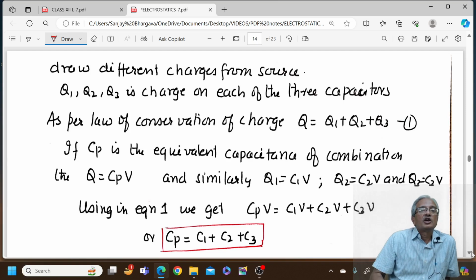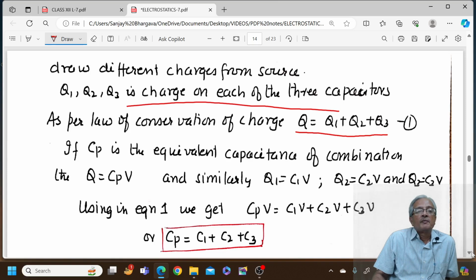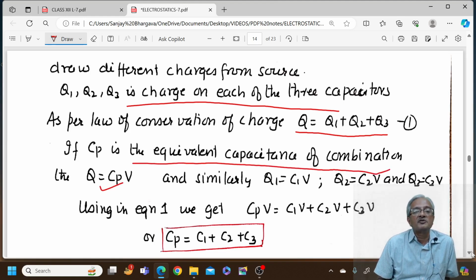So let us say Q1, Q2 and Q3 are the charges on each of the three capacitors. As per the law of conservation of charge, Q would be Q1 plus Q2 plus Q3. If Cp is the equivalent capacitance in parallel combination, then Q would be Cp times V. Q1 would be C1V, Q2 would be C2V and Q3 would be C3V.